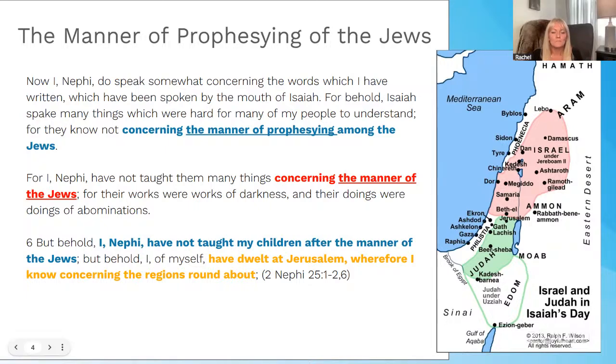No, that was good. Actually, sometimes I have a hard time explaining this concept that I wrote an article about, but yeah, so the schema of Jewish culture and tradition works. That's the works, the manner of the Jews, but the manner of prophesying is important to know.